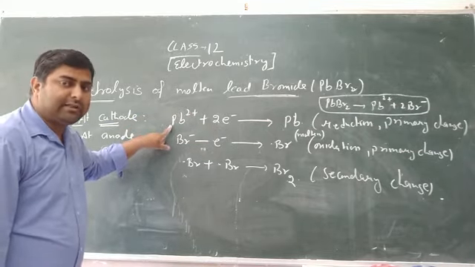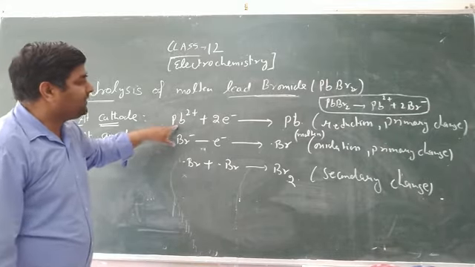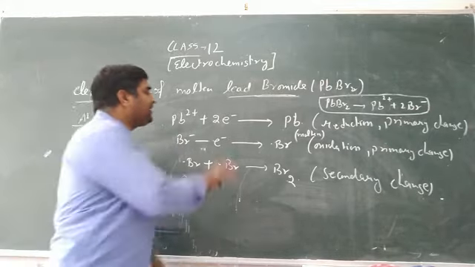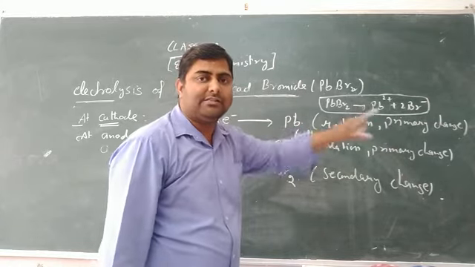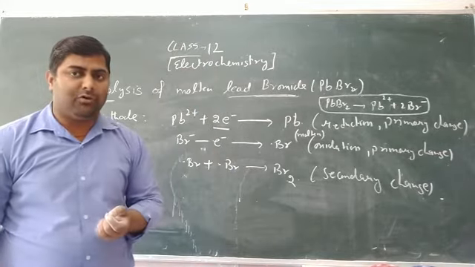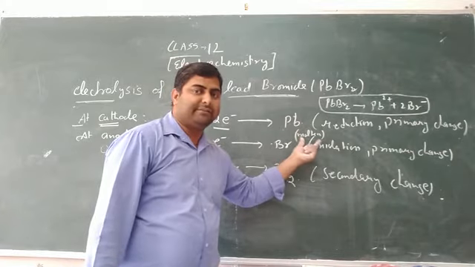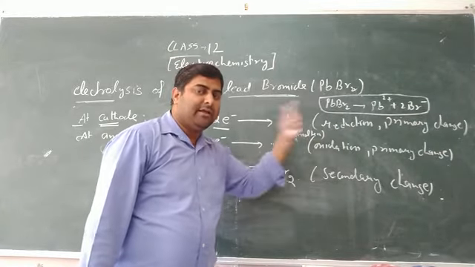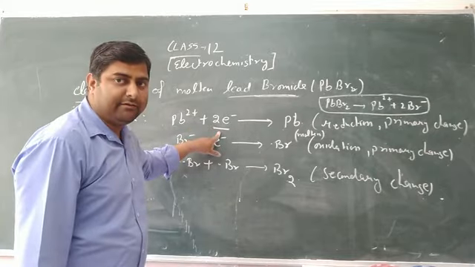As we know, cathode is a negative plate. So lead, after gaining 2 electrons, gets converted to neutral lead. Here reduction takes place, and this is called a primary change, because of neutralization of the ion; the lead we obtain is in molten state.